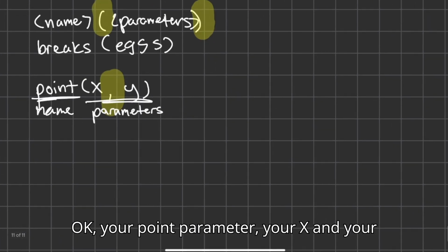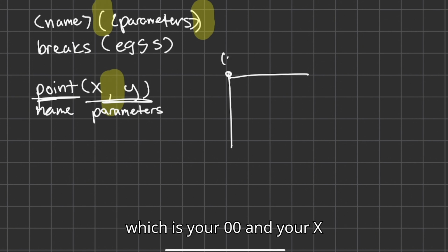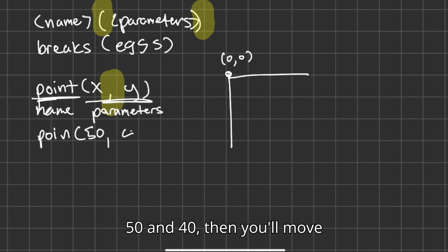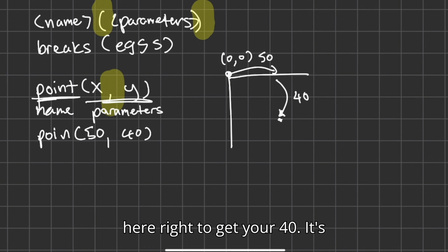Okay, your point parameter, your x and your y-axis, starts on the top left corner, which is your 0, 0. If I run point 50 and 40, then you'll move 50 here and 40 down here, right, to get your 40.